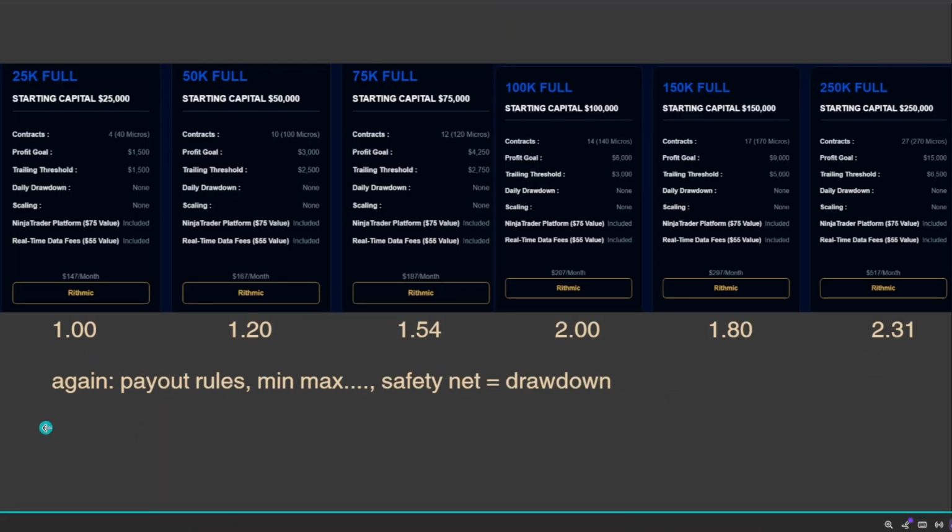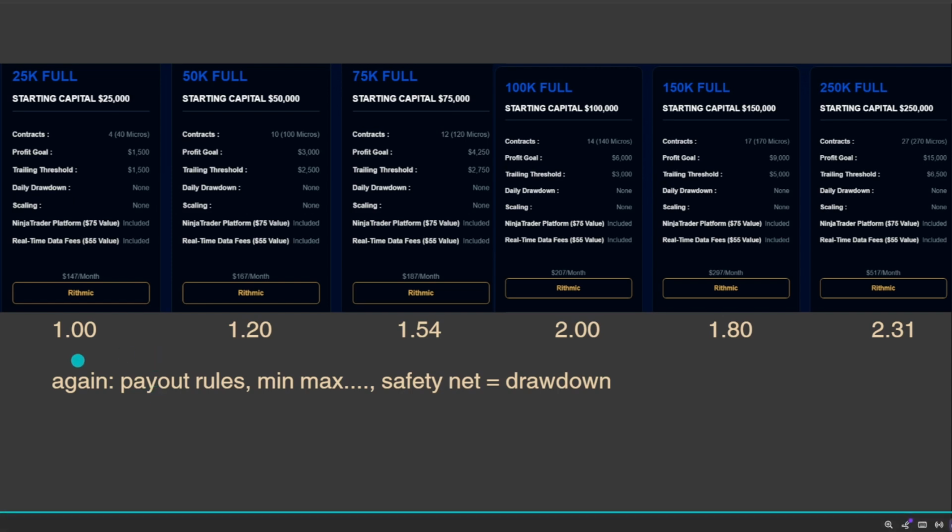Another thing is, because Tradeify was really narrow, just for comparison, if you look at Apex, you can see the different account sizes, again with the drawdown 1500, 25, 275, 3000, 5000, 6500, and here the risk to reward or risk to profit goal factor is really different, because the easiest would be the 25k account, the easiest to achieve, then the 50k and 75k, but the 100k you can skip over, and the 150k would be easier to achieve than the 100k.